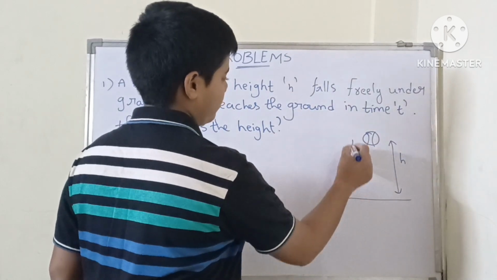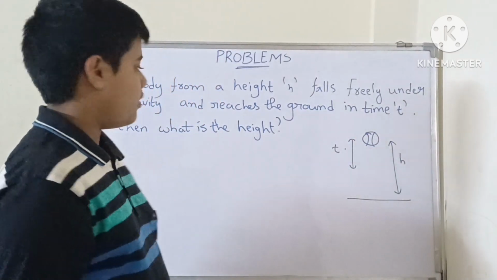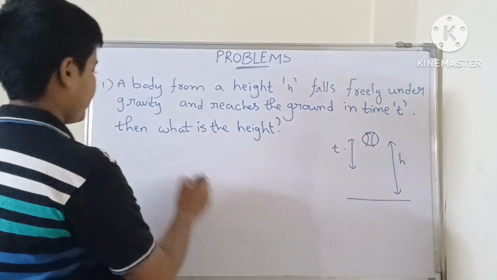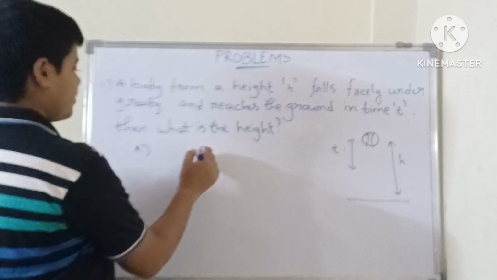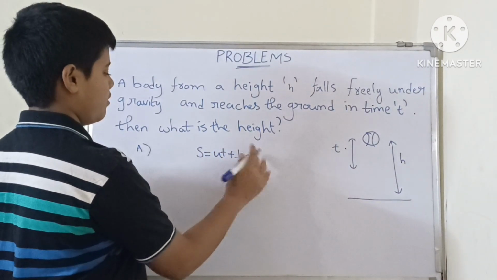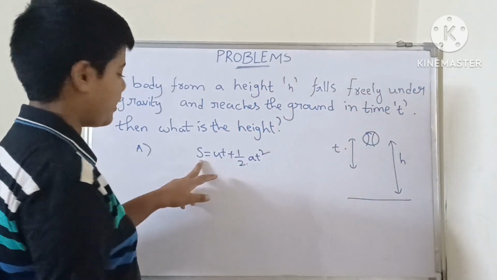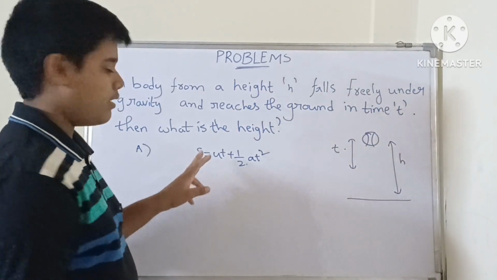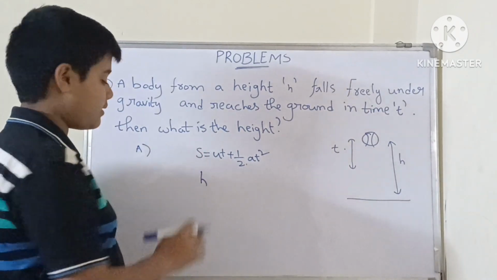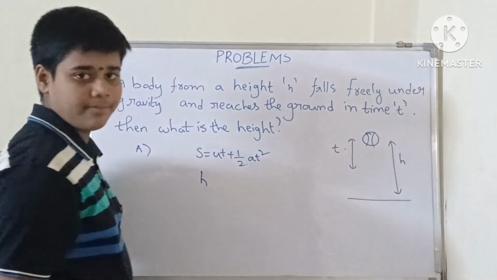Within time t, it reaches the ground. And what is the height? So we can use here simply s equals ut plus half at square. By this formula we can get the height. In place of s, we replace h, because s means this maximum height.